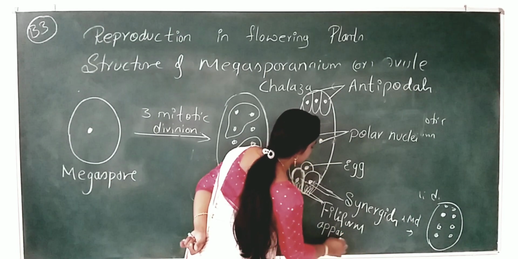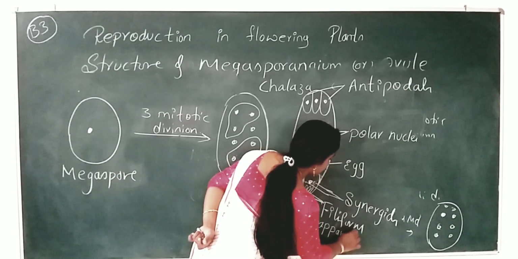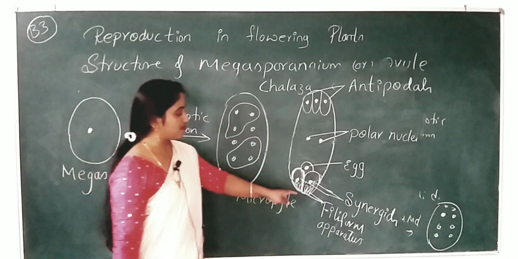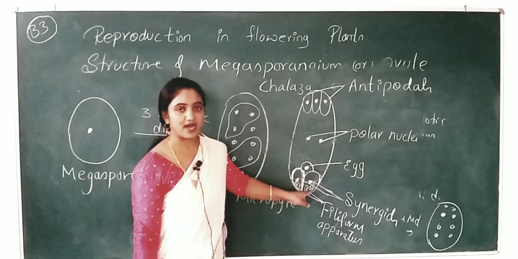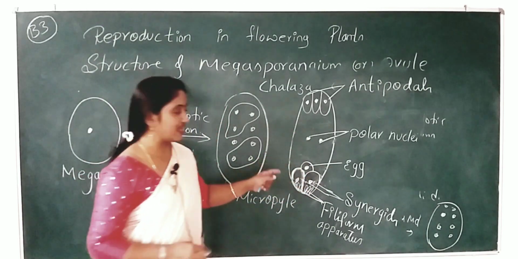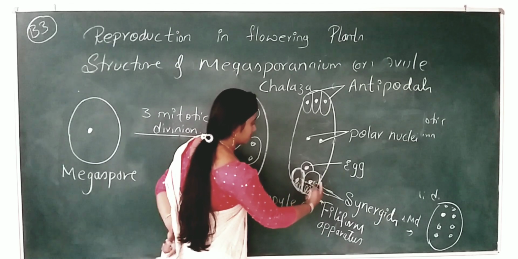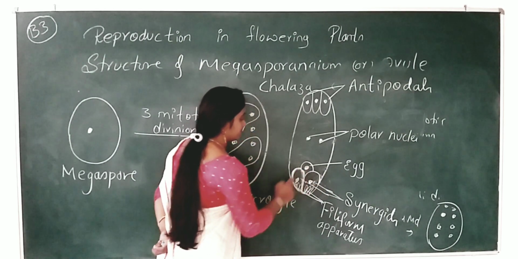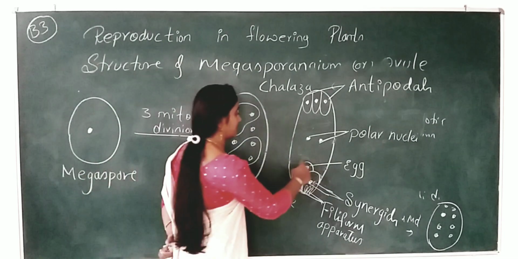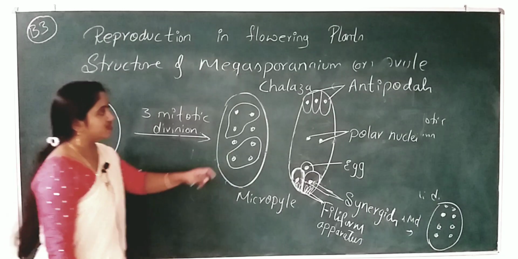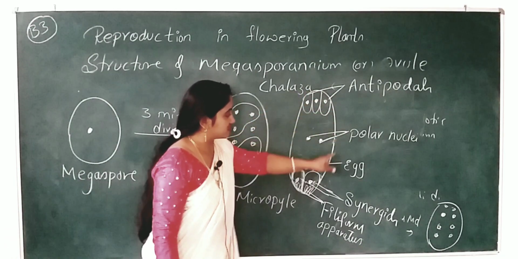What is the function of the filiform apparatus? This filiform apparatus guides the pollen tube or the male gamete to enter inside the embryo sac. Now we are having one more structure here.